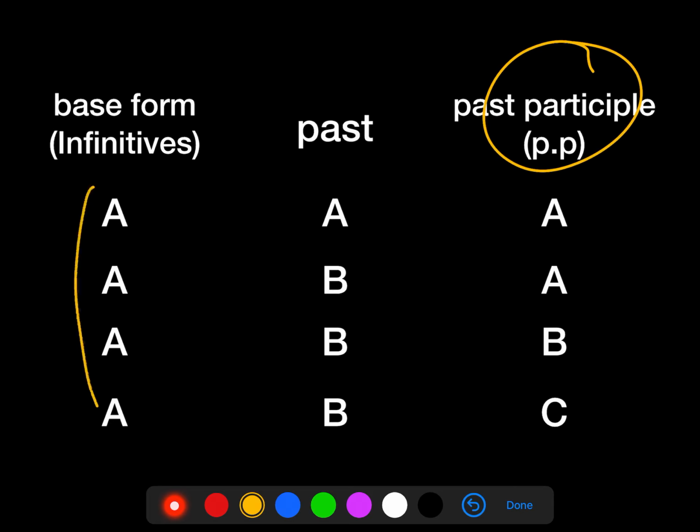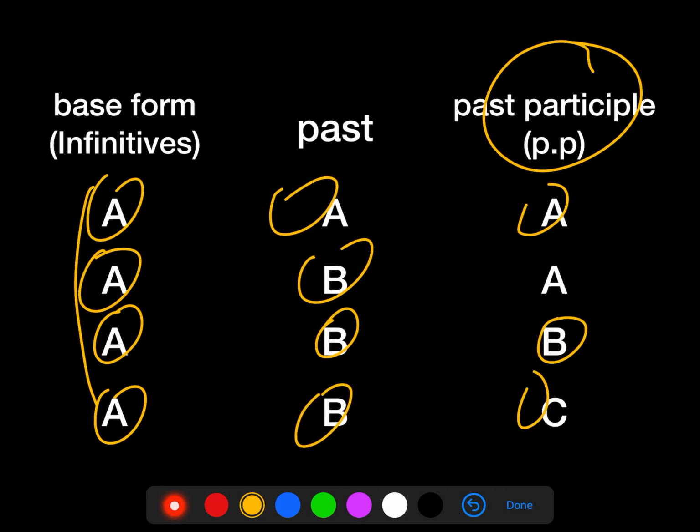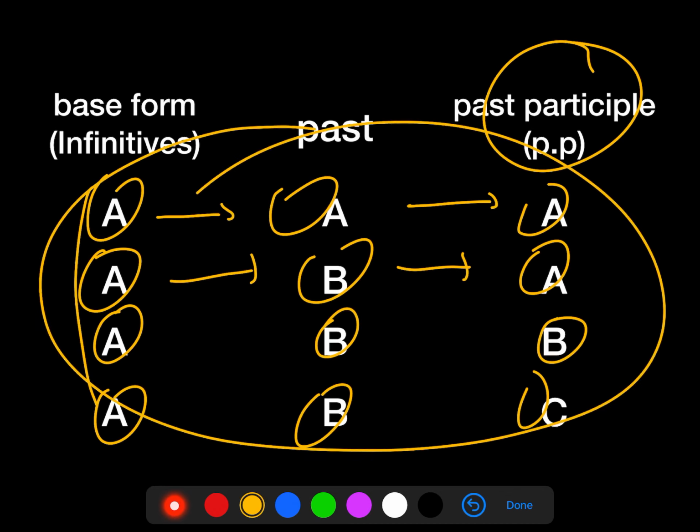One is A, B, B. A, B, A. A, B, C. A, A, A. One more time: A, B, B, A, B, A, A, B, C, which means the form of the verb changes irregularly based on these four patterns. So okay, if you don't understand, don't worry, but let's go through the irregular verbs first.